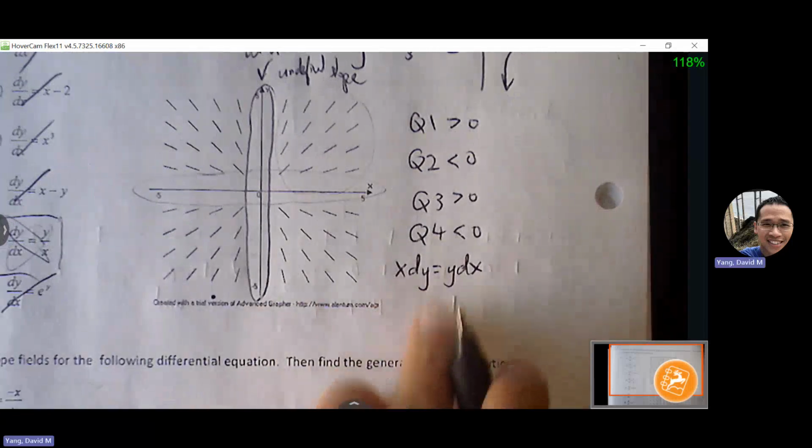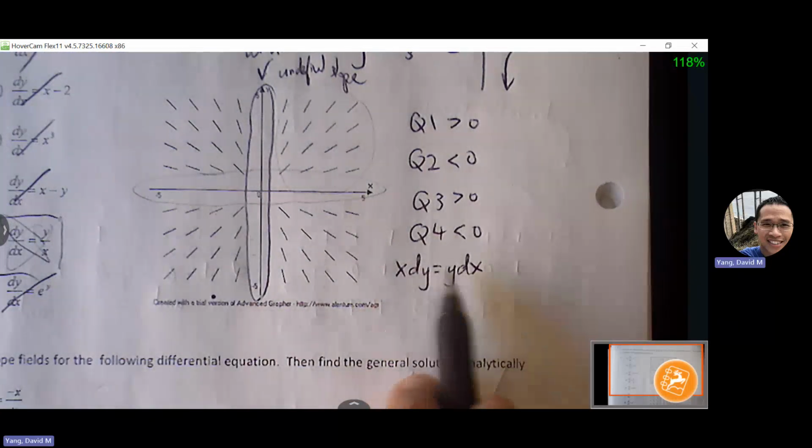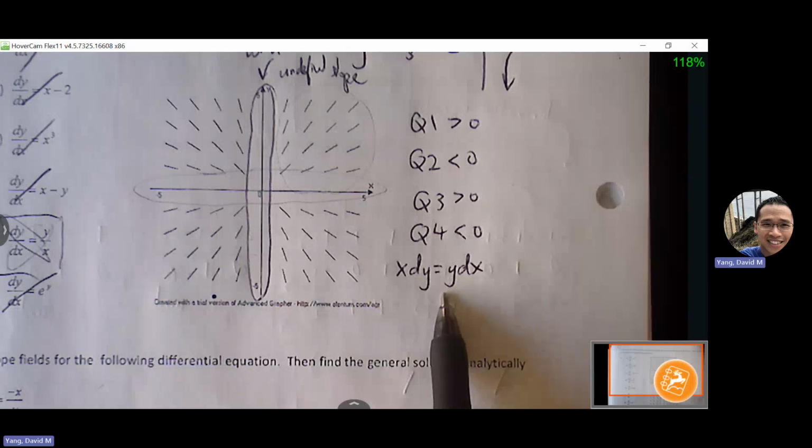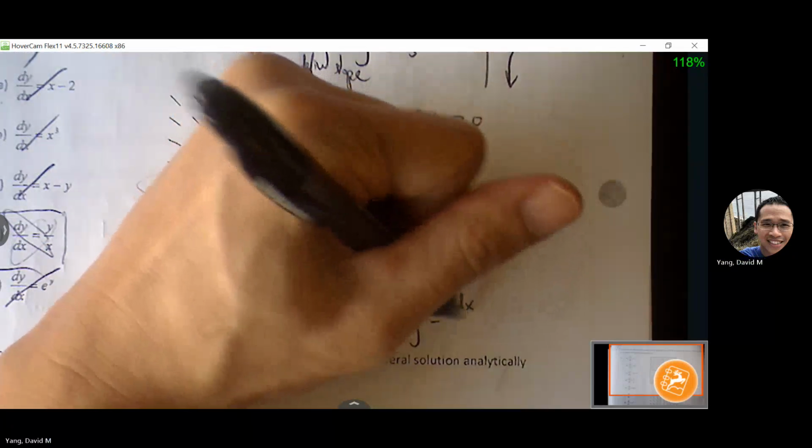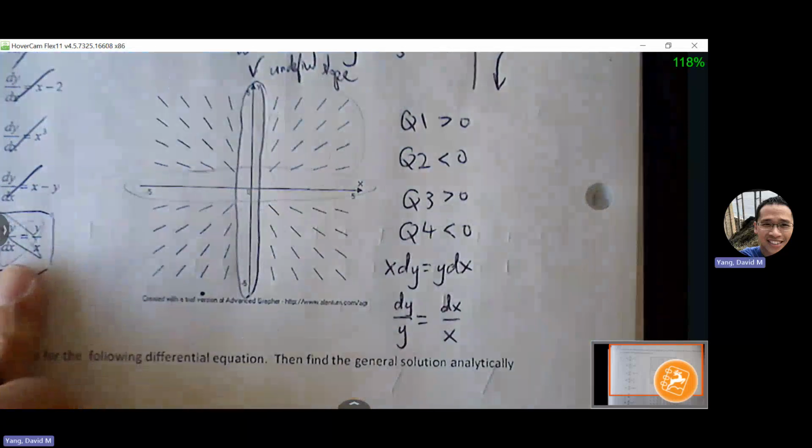So I need to divide by y, and I need to divide by x too. I'm going to do a double division here, so the x and y swap places. They're both going to end up in the denominator, which is okay, as long as your dy and dx are up top. We have a rule for this.